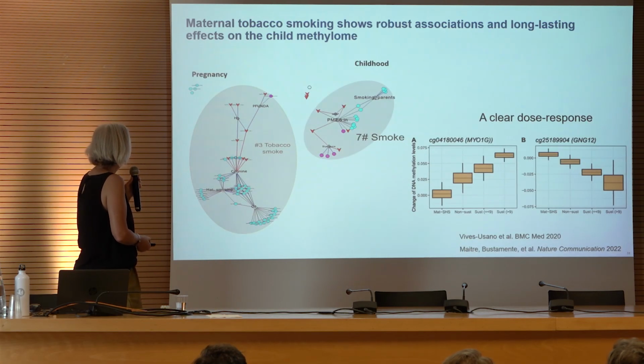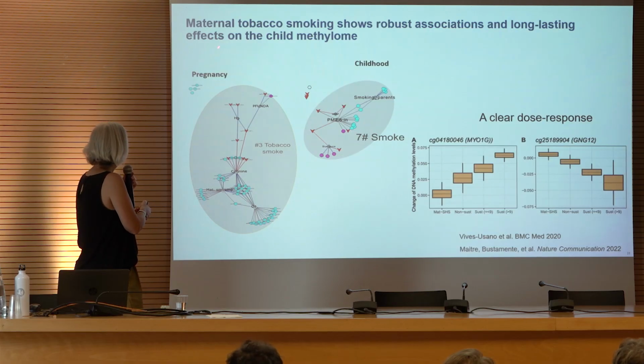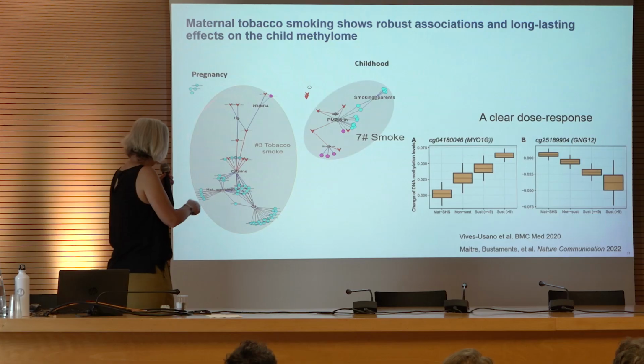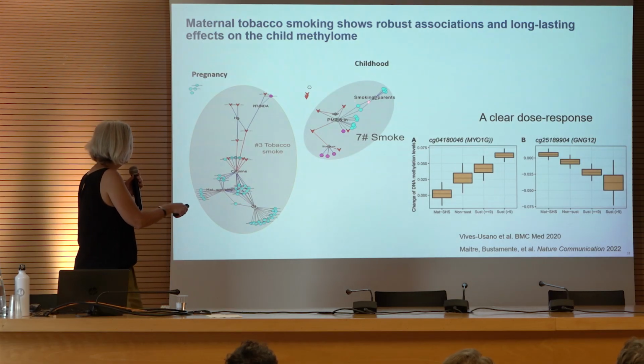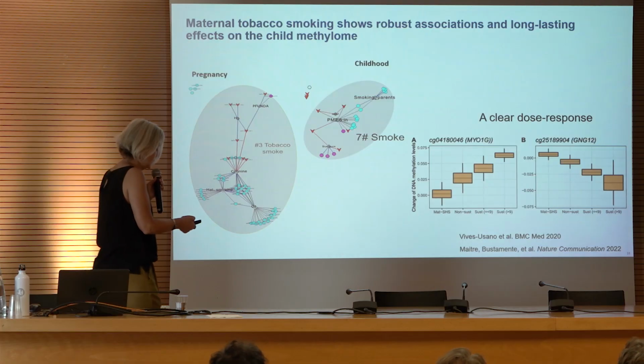And some of the messages, for example, that maternal tobacco smoke shows robust associations and long-lasting effects on the child methylome, both with pregnancy exposure, but also when we look in childhood at parents who smoke and indoor air pollution.